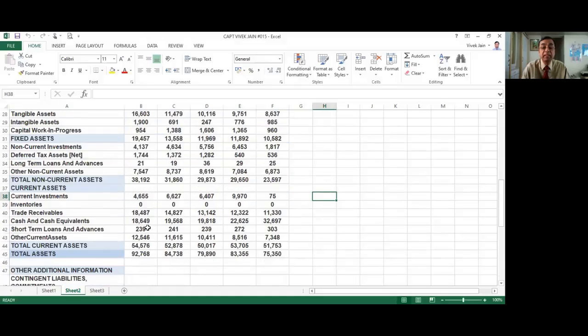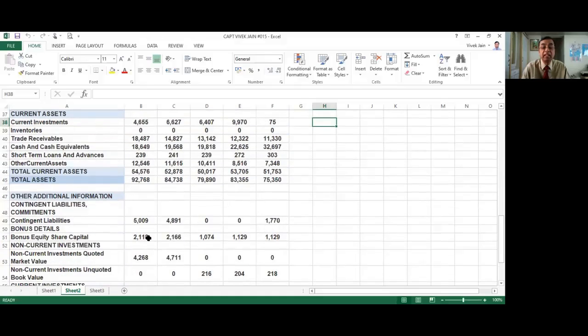That means probably Infosys started initially in the 1990s with a capital of only 4 crores. And that 4 crores over the years, nearly 30 years, has been growing with umpteen number of bonuses, which Infosys has definitely given to the shareholders, and it has grown to 2100 crores.